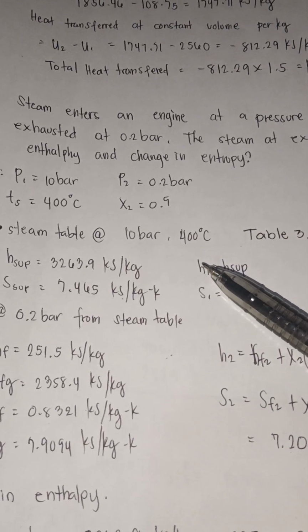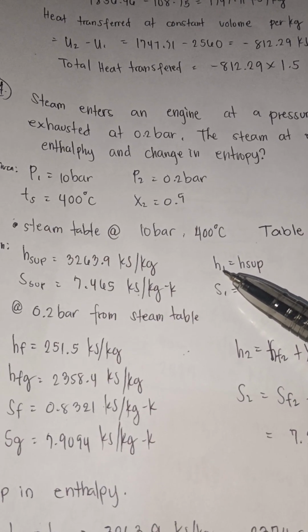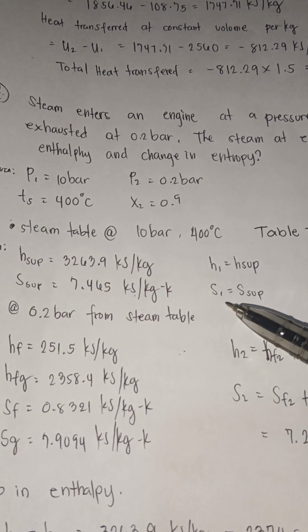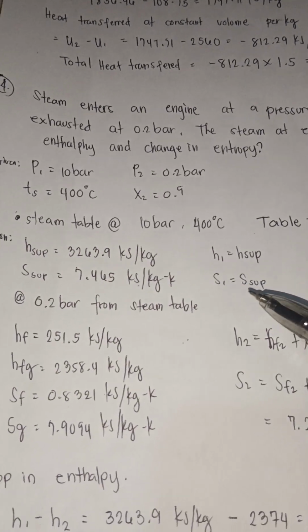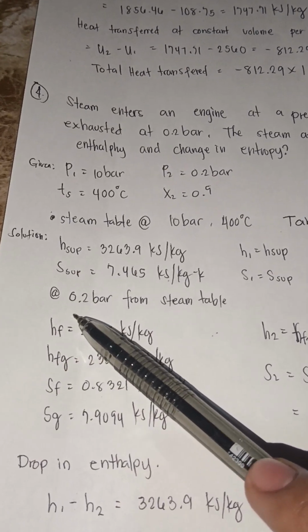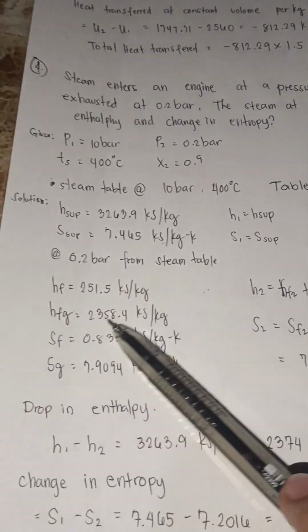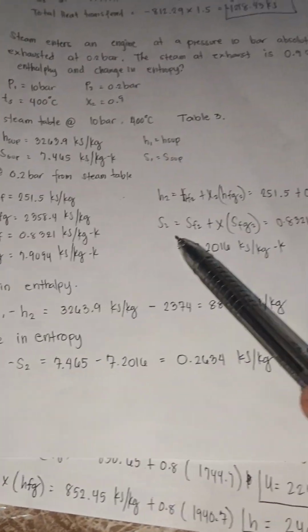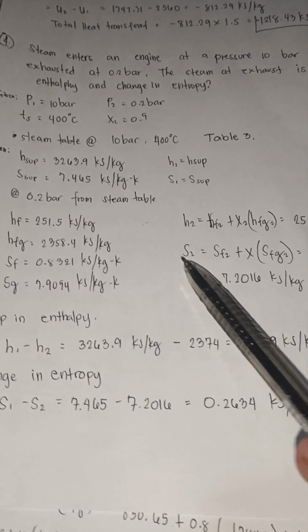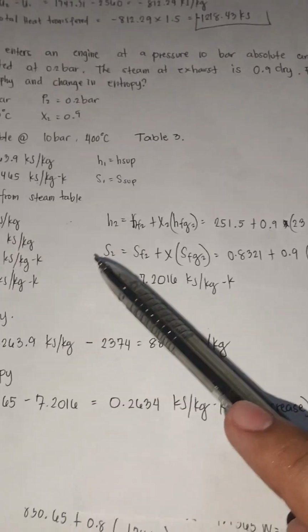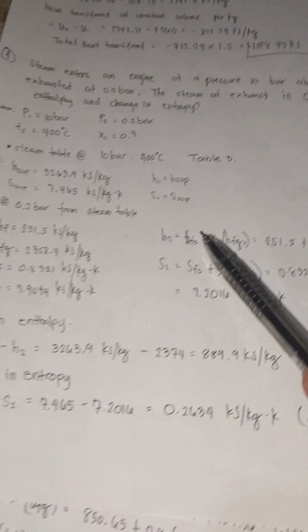The enthalpy and entropy are those of the superheated steam, and also at 0.2 bar from the steam table. Here are the given values. So we need to solve for the entropy and the enthalpy.